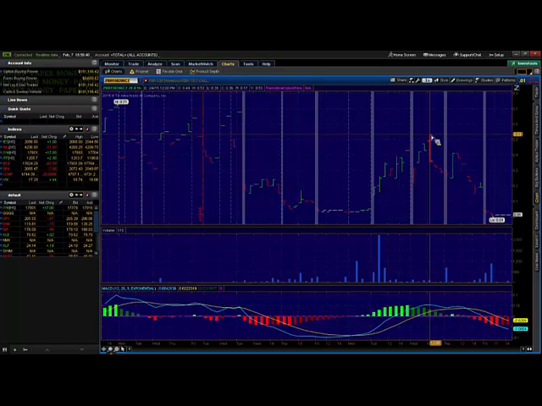Both times, both with the exact features that I'm looking for on the pattern, and then the release of that pressure by the lower time frame. The only reason why the second one did not make as great a return as the first one is because it was further away from expiration day.